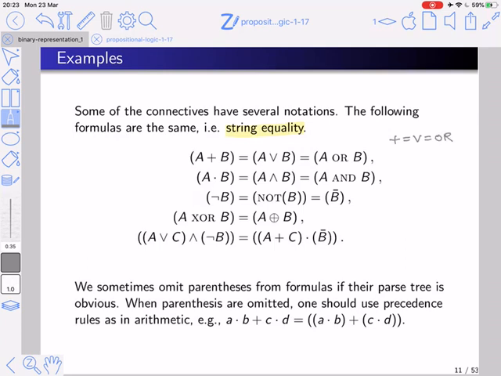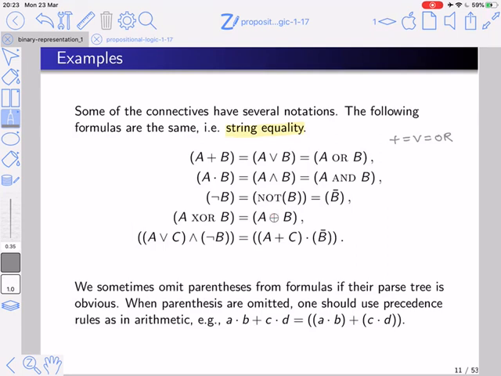And the same equality holds with respect to this dot, the upside down v, and the and. The same equality holds with respect to this strange symbol, the not, and the overline. The same equality holds with respect to XOR and our plus surrounded by a circle.